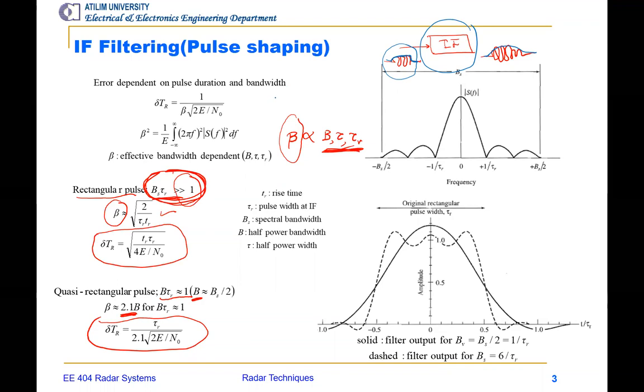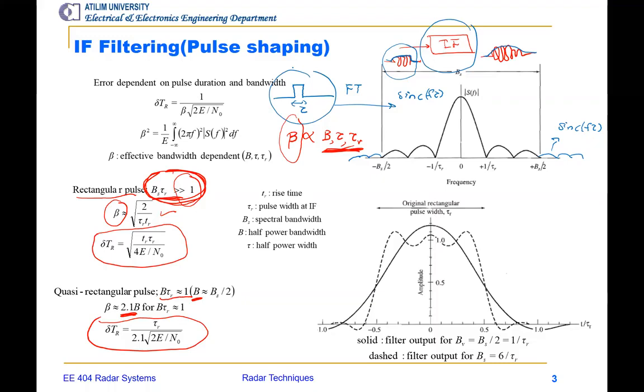For this, let us remember a simple rectangular pulse whose duration is tau, and its Fourier transformation is going to be sinc f tau, okay? So if we show it in here, let's say it goes to infinity like this. This is the Fourier transformation of the rectangular pulse. Now, at IF stage, we somehow make this rectangular pulse band limited.